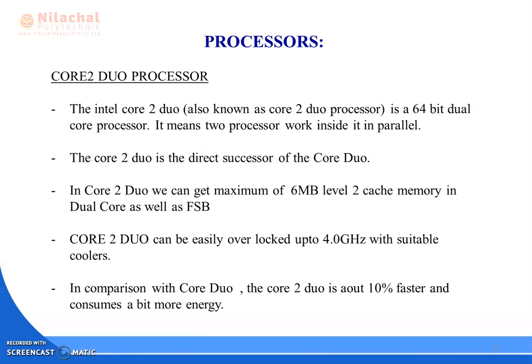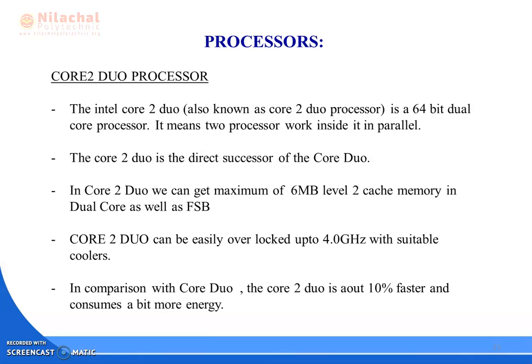In comparison to Core Duo, the Core 2 Duo is about 10% faster and consumes a little bit more energy than the dual core processor. So this was our Core 2 Duo processor, which has basically three main points. First, it works with 64-bit data packets at one point of time.